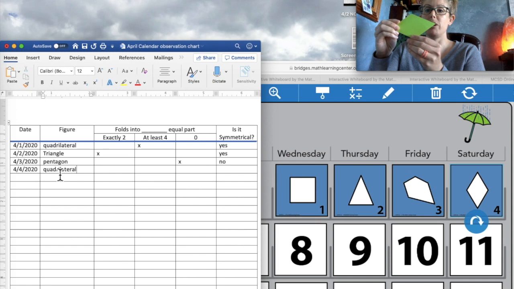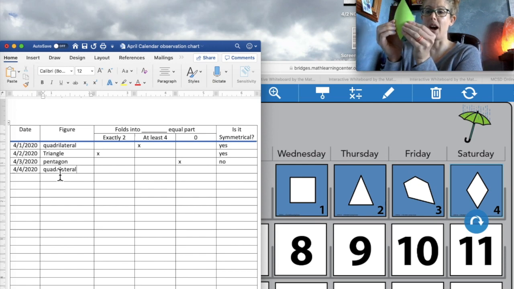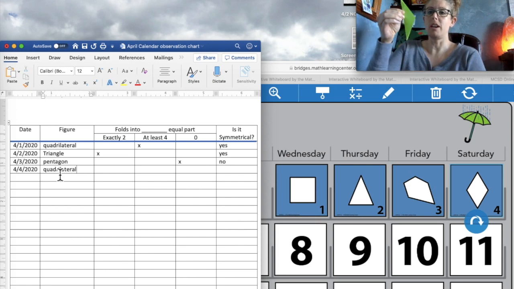So let's look over here at our quadrilateral for today. If we fold it, how many equal parts would we fold it? I know that I can see if I can fold it lengthways. Okay, I have equal folds there. So there's 1. I have 1, 2, exactly 2 folds into 2 equal parts.